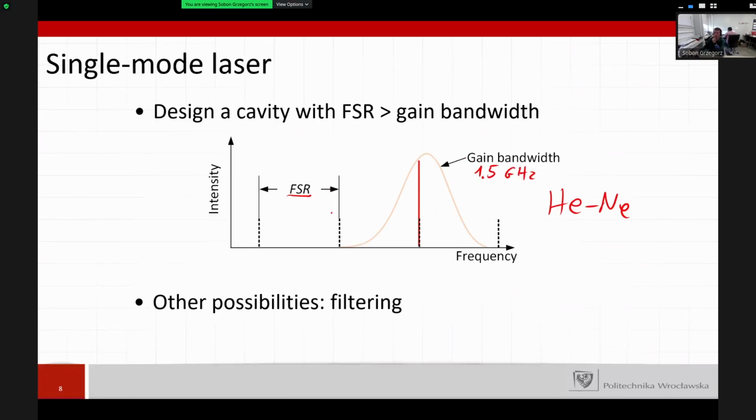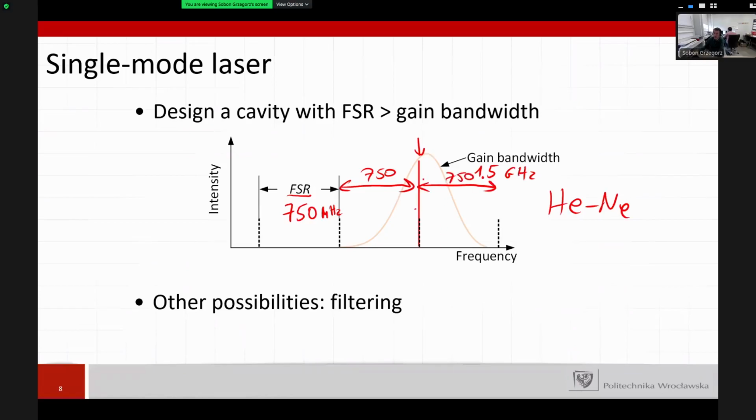If we make the FSR at the level of, let's say, 750 megahertz, then only one longitudinal mode will be present under the gain curve, because the other two neighboring modes will be too far away, right?